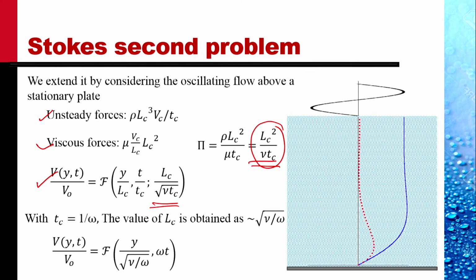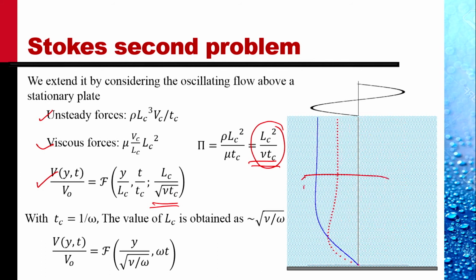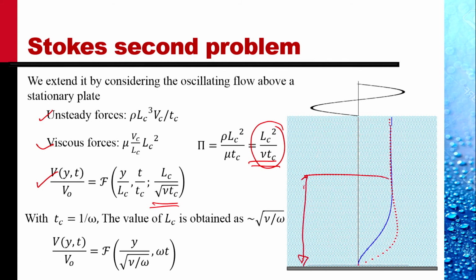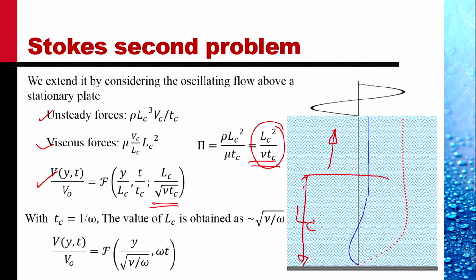It would be a distance like this, Lc, within which the presence of the lower plate is felt, that is, the viscous effects are felt. Above this, the fluid motion does not recognize the presence of the stationary plate at the bottom.